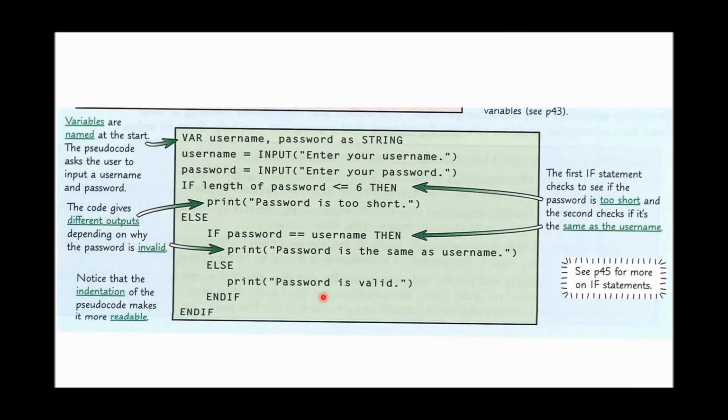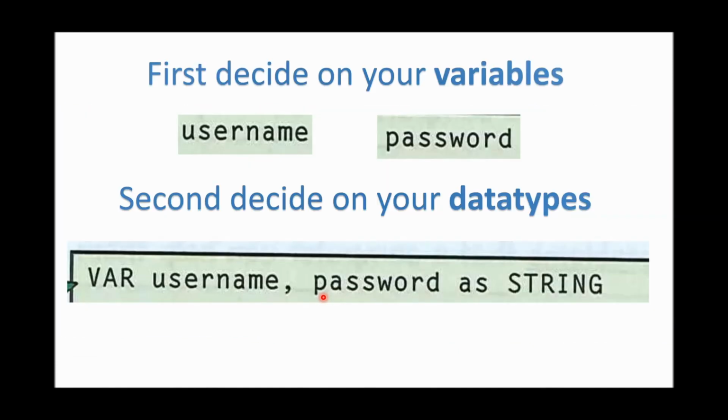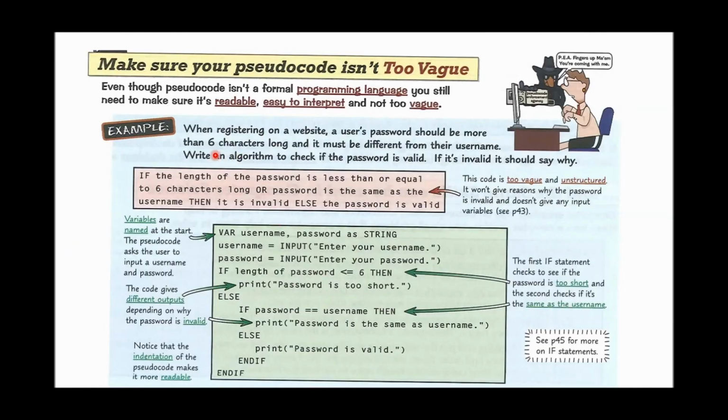I believe we've answered the question because it asked us this. The question asked, when registering on a website, the user's password, that's my first variable. Look, I'm going to highlight this. Password is my variable.